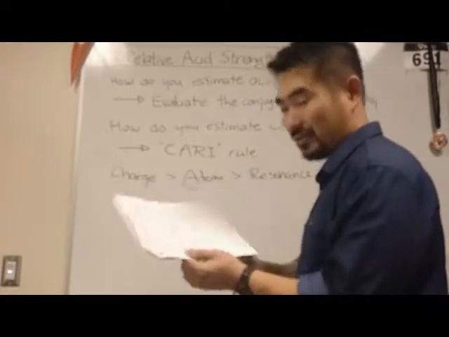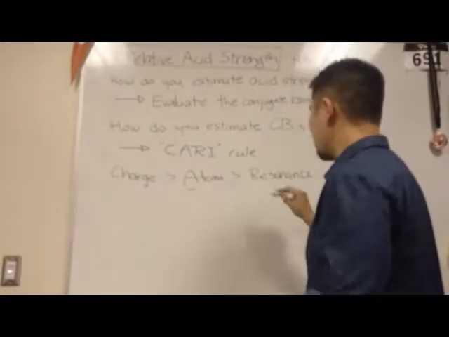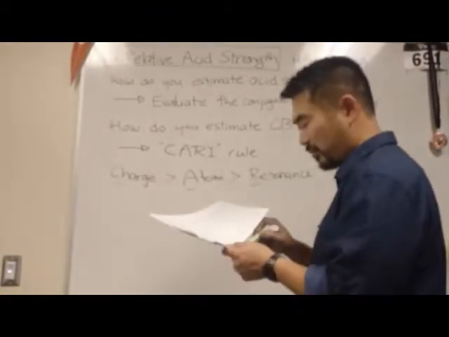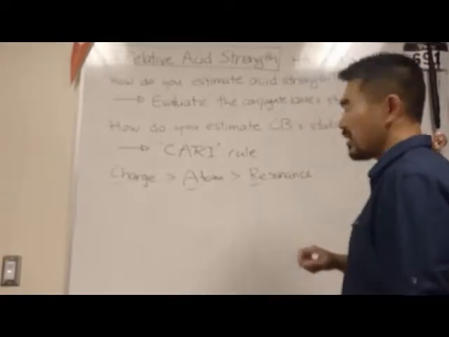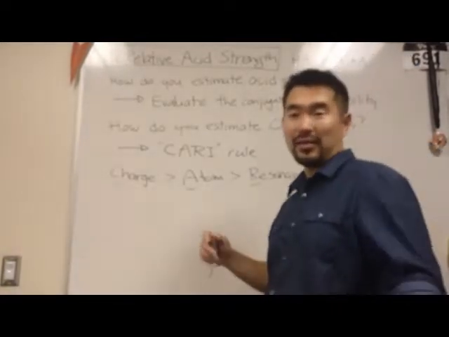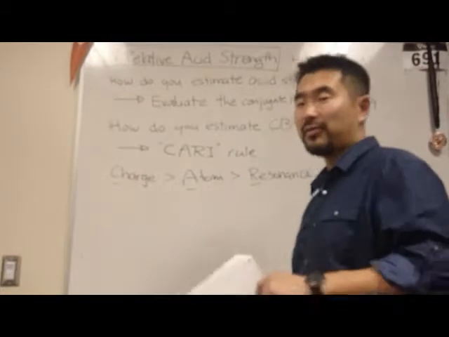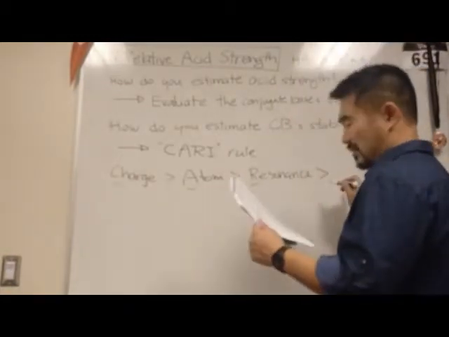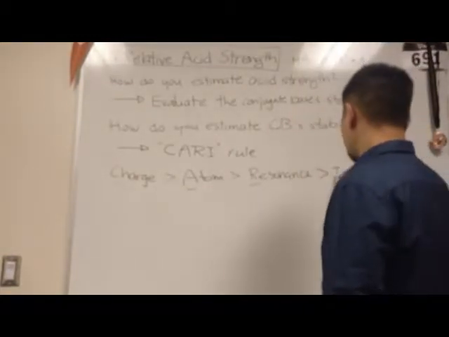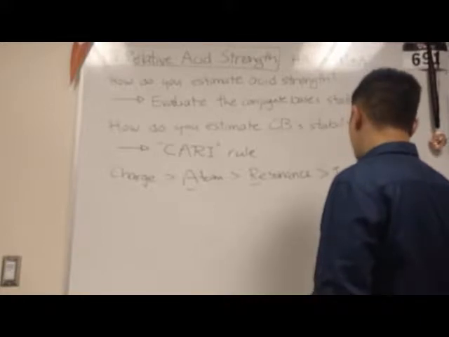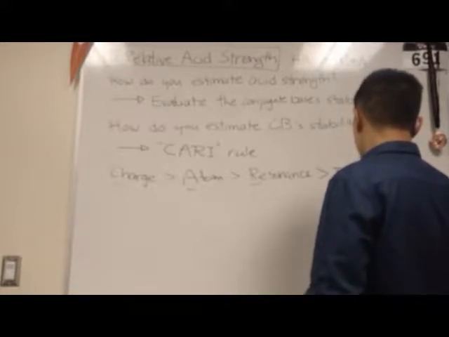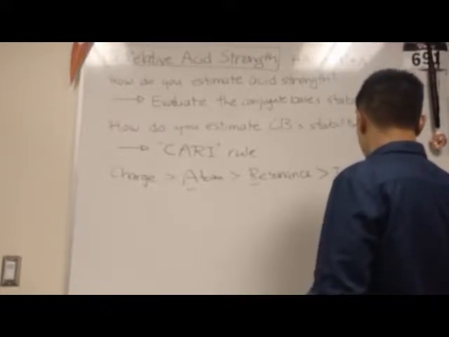So resonance, the R, is third in importance, but it's still pretty important. If the conjugate base can have resonance, then it would be a very stable conjugate base. And this is even more important than the inductive effect, but the inductive effect is something that you still want to think about.